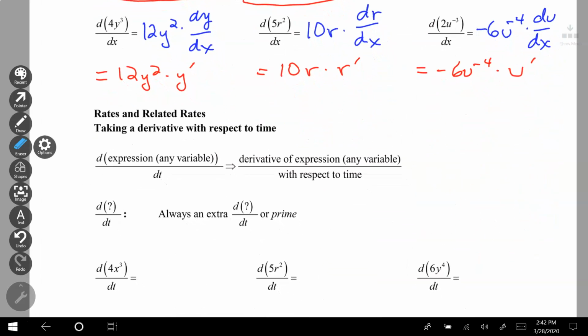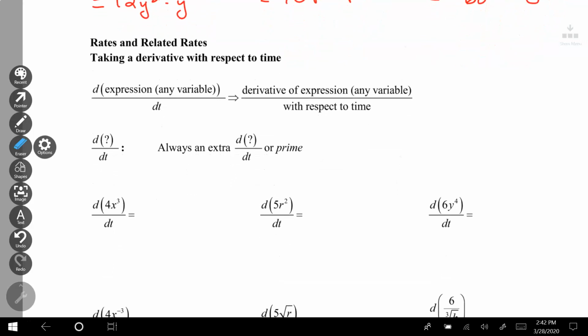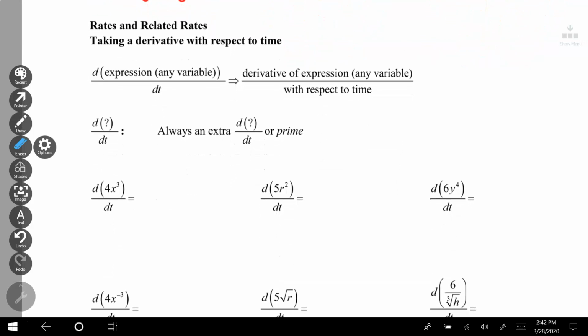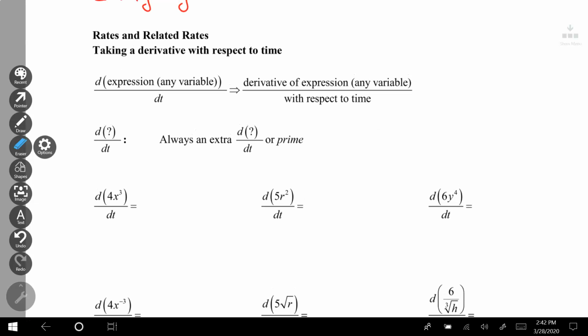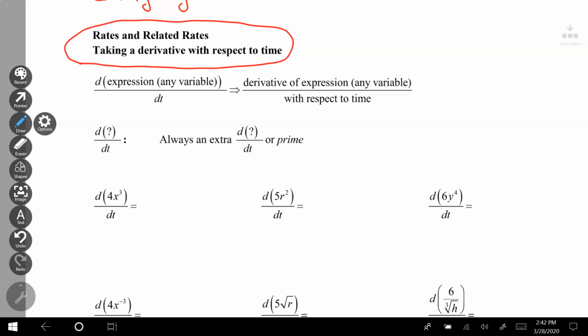Well, that's going to lead us into our related rates. The whole idea of related rates is that we're really doing the same thing that we just did, except related rates will deal with what I call word problems, real life applications.